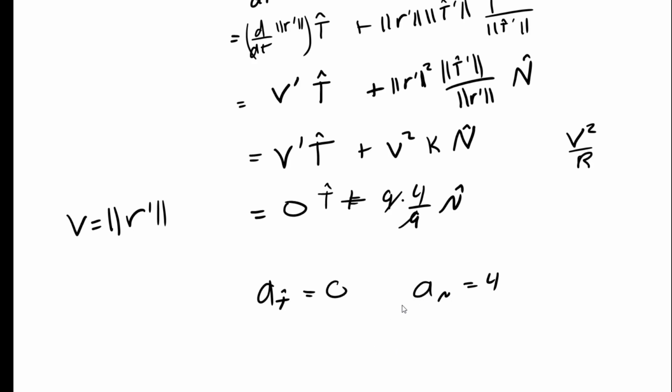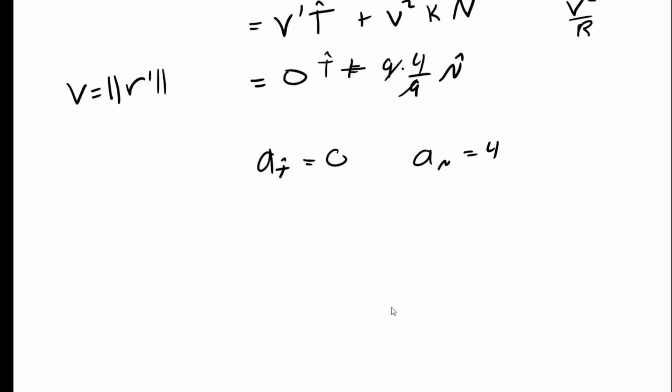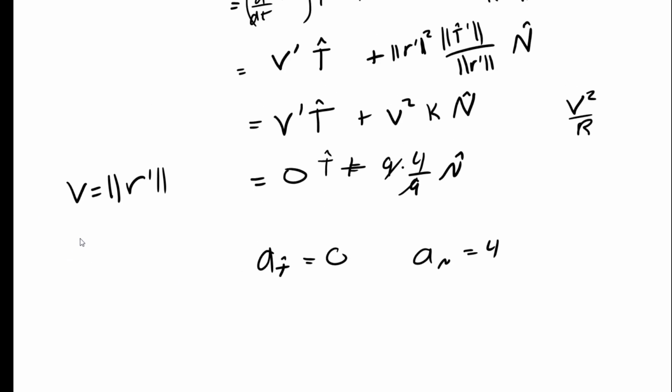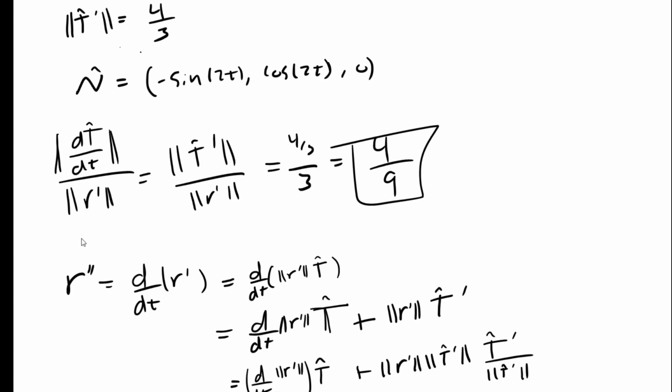So let me show you guys another way to do this that in some cases is faster. This case wasn't actually that bad. I showed a bunch of extra steps. But since we had the curvature and the velocity, it was really easy to compute. But what we can also do is just start with r. What was r? I don't even remember.